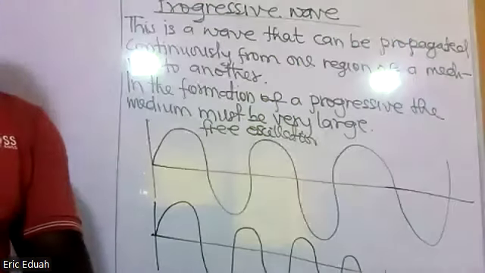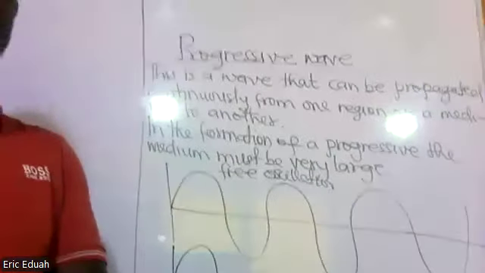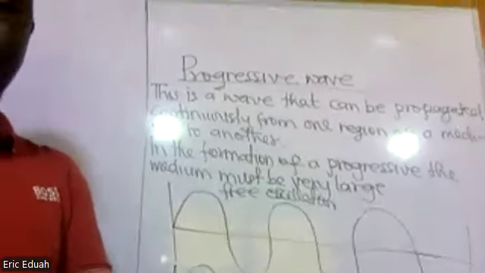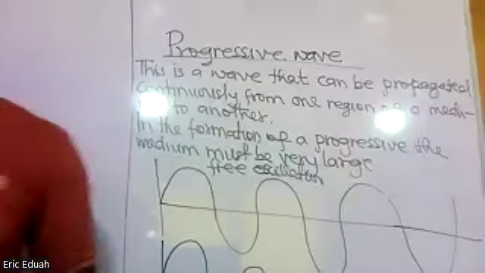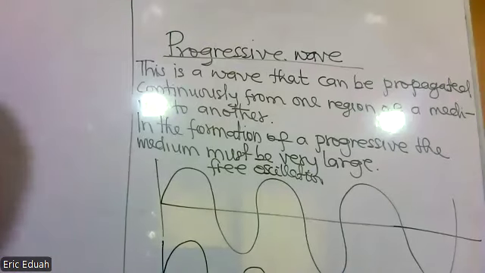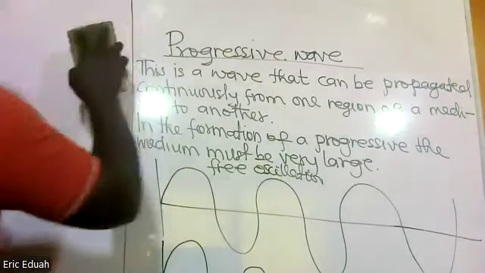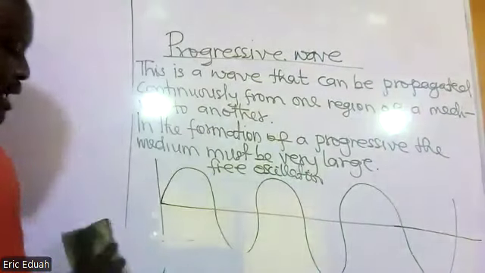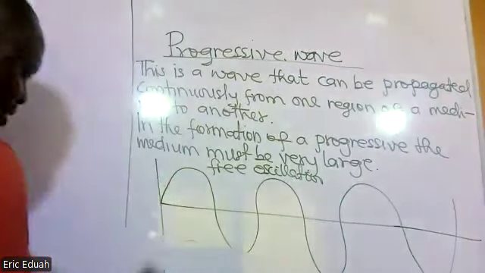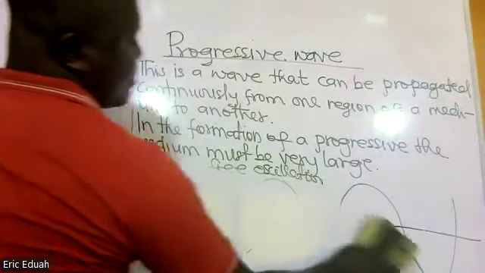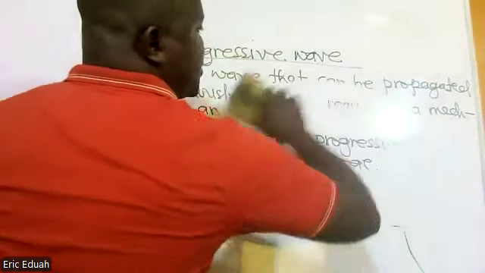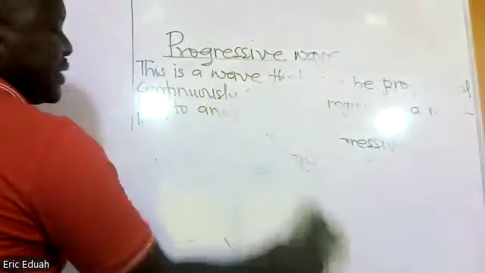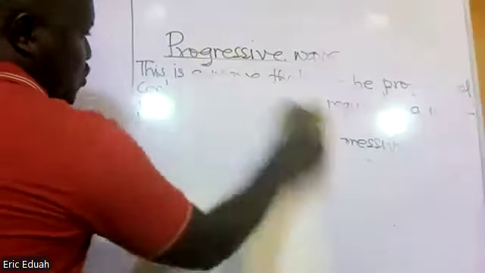All right, so let's go through the progressive wave equation. I earlier said that most waves we see are actually progressive waves. They are waves that can be propagated continuously from one region of a medium to another.